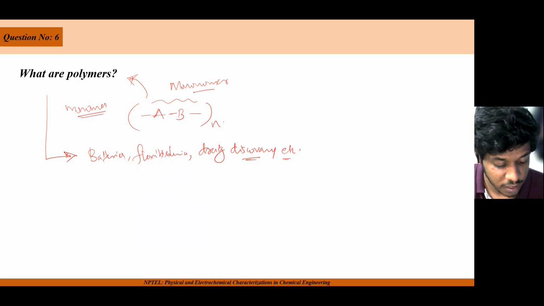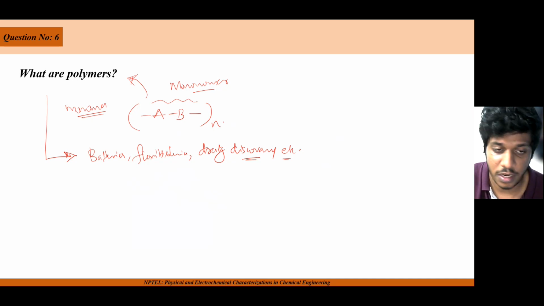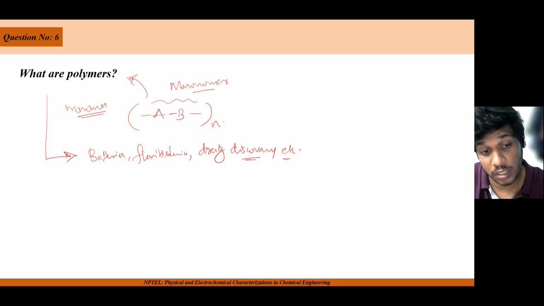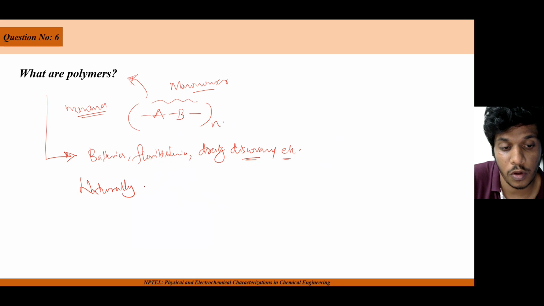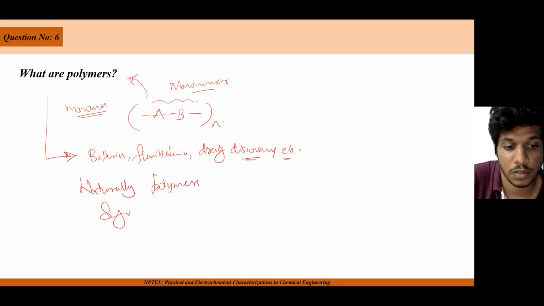They are versatile materials that can be engineered for a wide variety of uses, and their strength and other properties can be very much tuned. These polymers can be naturally obtained or synthetic: naturally obtained polymers and synthetic polymers.